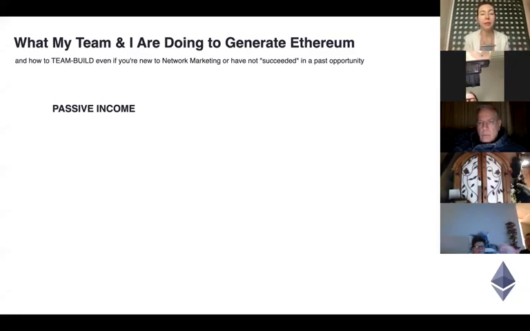It's not residual long term, but it is residual in terms of how many people you have on your team, and it growing over time when the payments hit and people upgrade with the smart contracts. So the Ethereum gets sent immediately to your ETH wallet with the team building option.